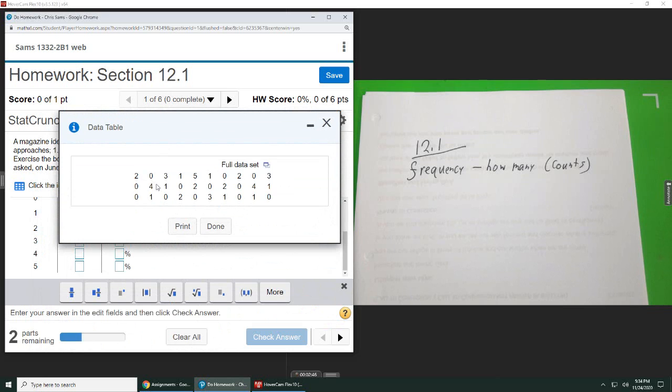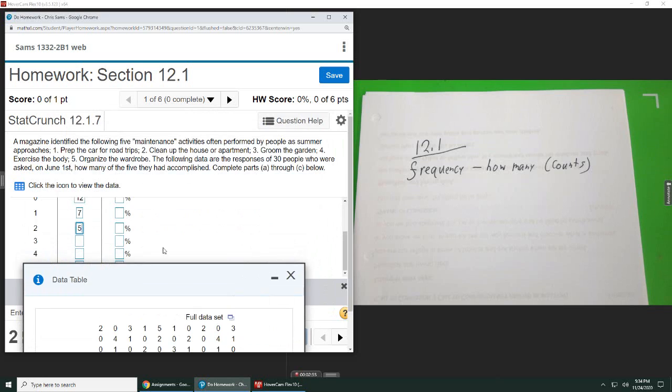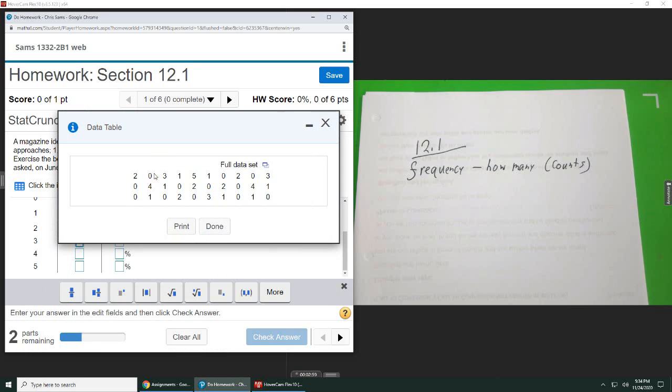And then 3s, 1, 2, 3, so 1 on the bottom row, 3 3s. And then how many 4s? None in the first row. 1, 2, 2 4s. And then how many 5s? It's 1 in this first row. Looks like only 1 5.